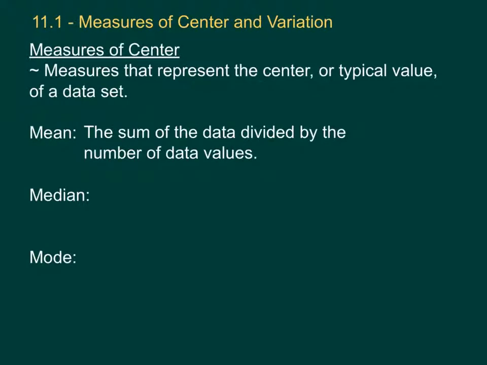The mean is calculated by finding the sum of the data divided by the number of data values. Another way of saying this is add up all the numbers and divide by the number of pieces that there are. This is often written as an X with a bar on top, read as X bar.